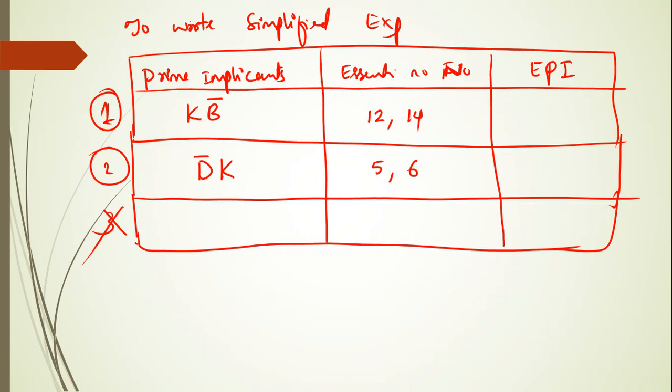So now if you check, the essential prime implicants are those which will be the same. If there are no essential numbers, then it will be different. If there are essential numbers, then put the same factor.